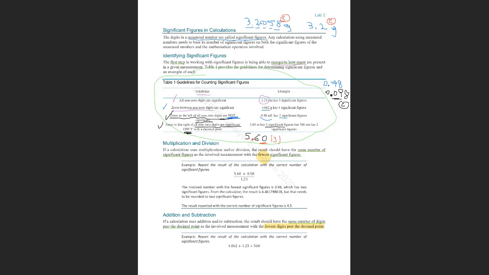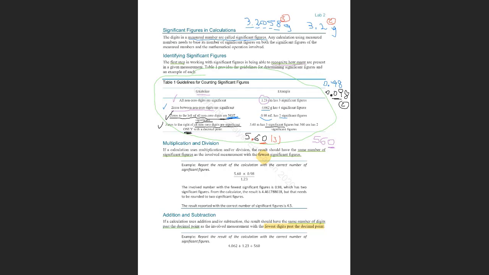But what happens if I give you the number, for example, 560? I look at the number and I say, okay, there is a zero to the right of a non-zero digit.